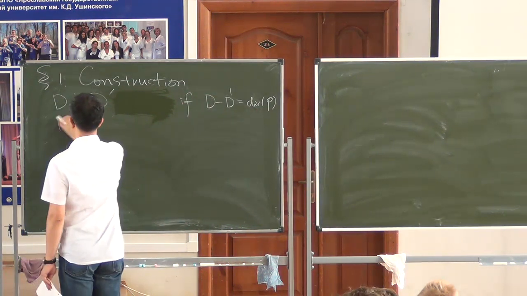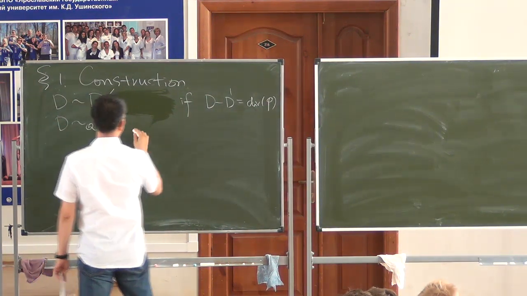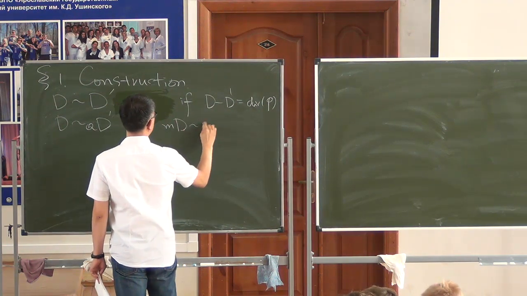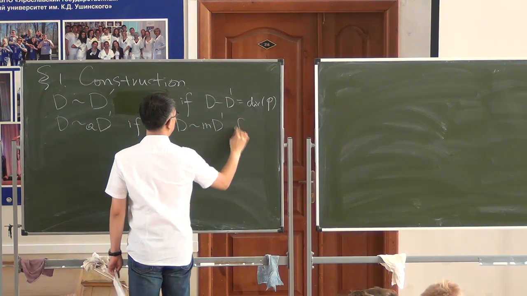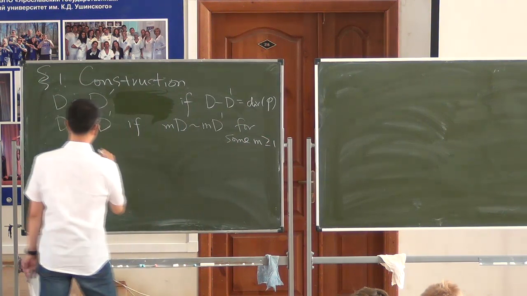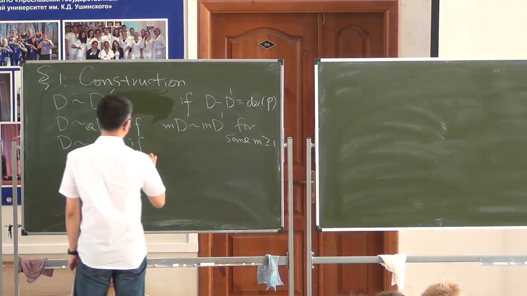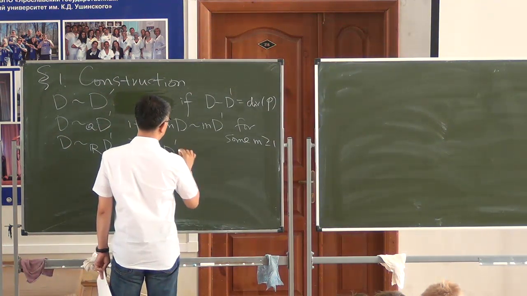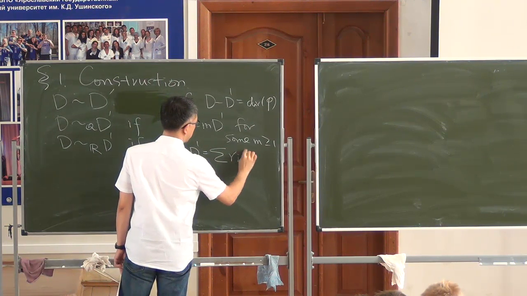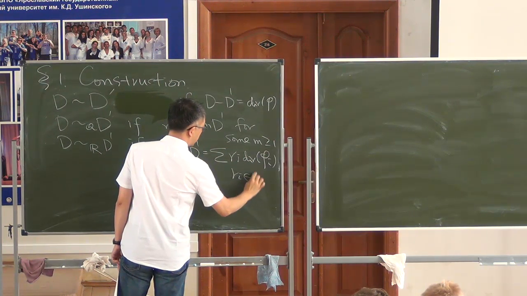If I write ~_Q, then it means mD ~ mD' for some integer m, and if I write ~_R, then D minus D' is an R-linear combination of such divisors.